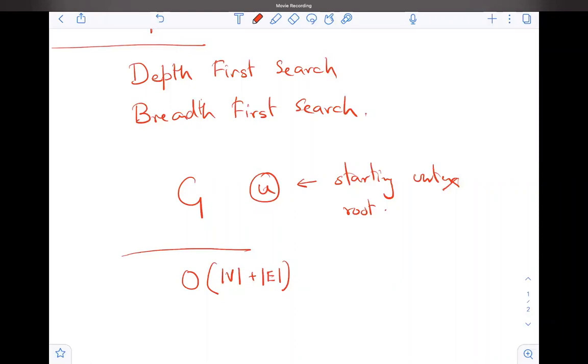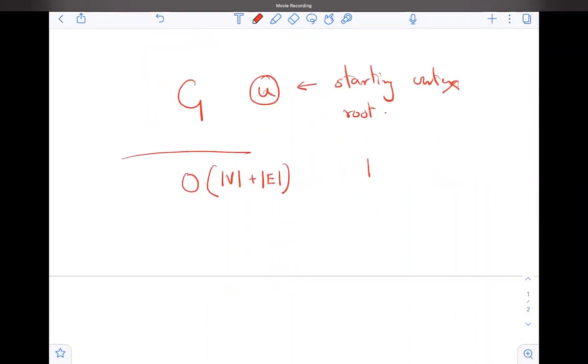Why is that? When we talked about the adjacency list, how big was the adjacency list? You remember the adjacency list that we discussed last class?